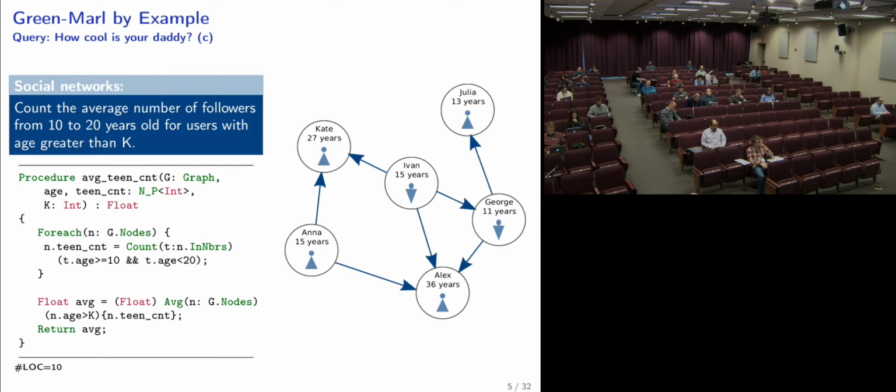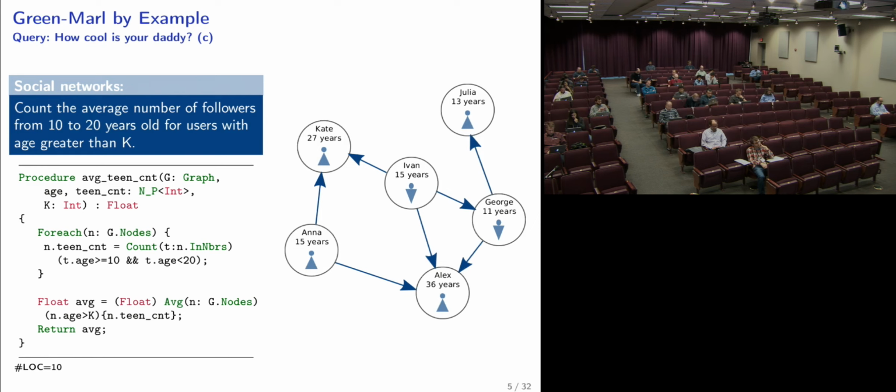You can see that the procedure called average teen count has 4 parameters. One is G for graph. Age and teen count have type N_P, that is, node properties with type integer, and k is an integer which specifies the age of the vertices.